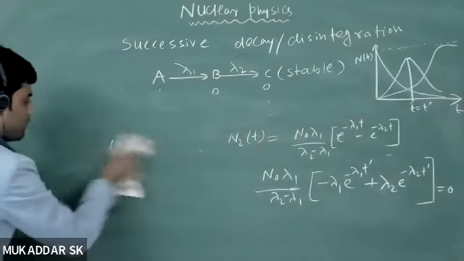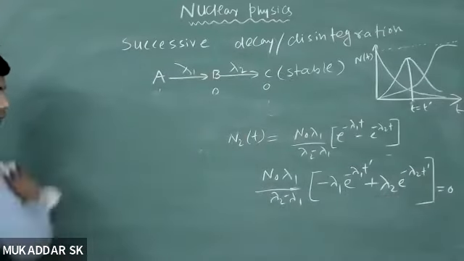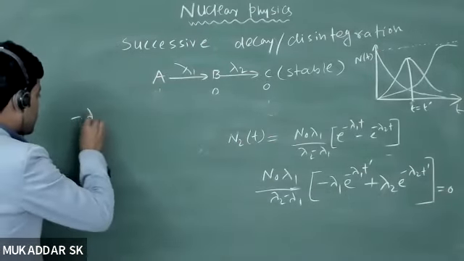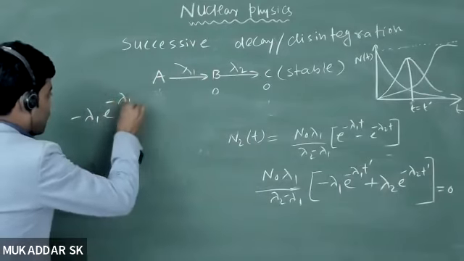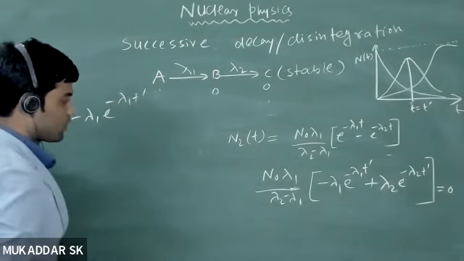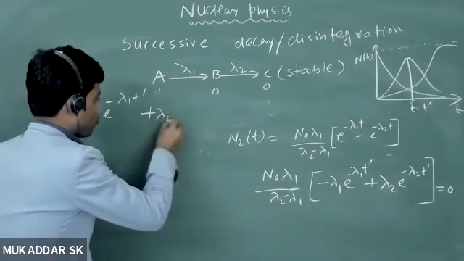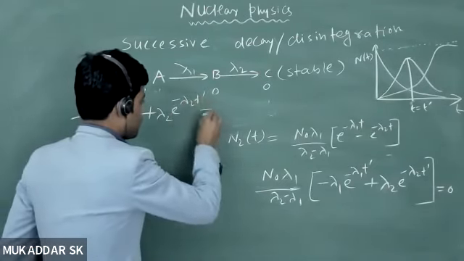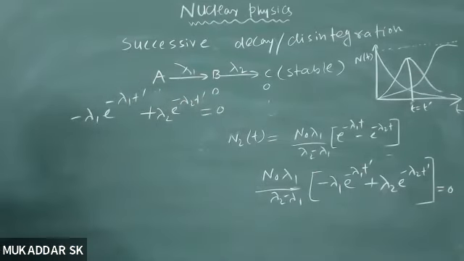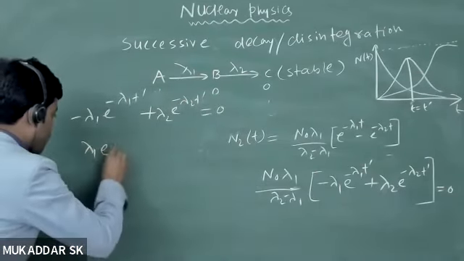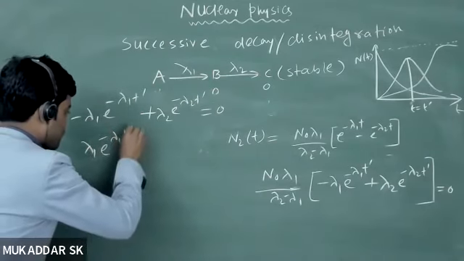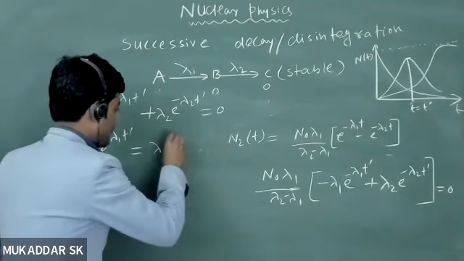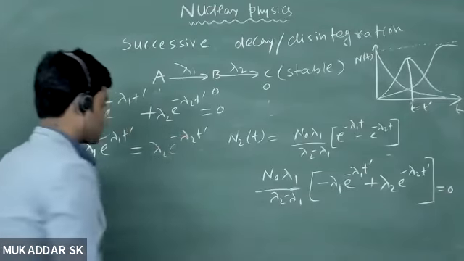Now if we keep this factor 0, I'll get minus lambda 1 e to the power minus lambda 1 t dash plus lambda 2 e to the power minus lambda 2 t dash, that will be 0. It means lambda 1 e to the power minus lambda 1 t dash will be lambda 2 e to the power minus lambda 2 t dash.